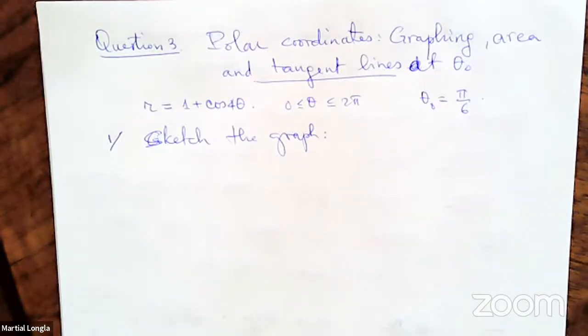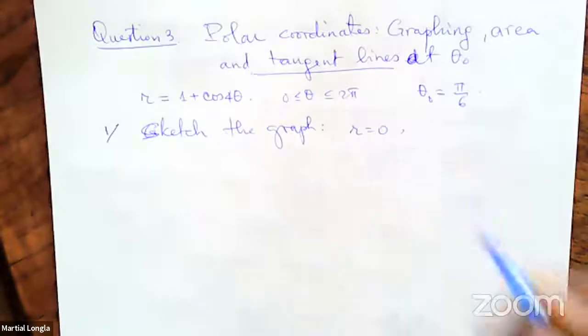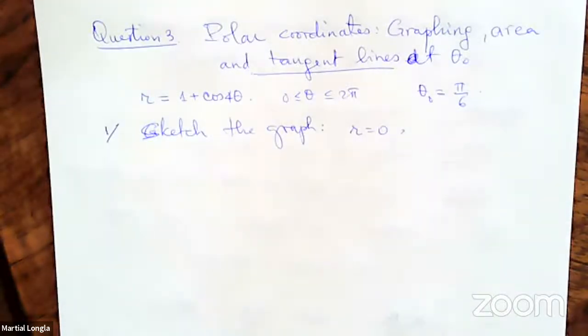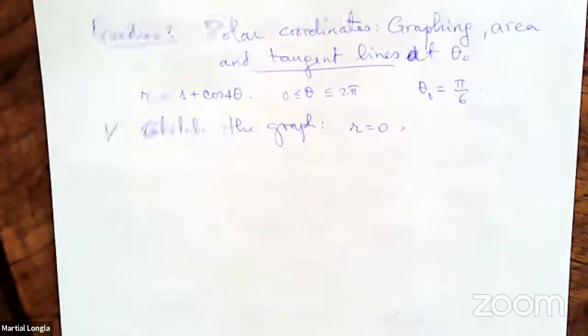Don't you find where r is equal to 0? You find the points. Yeah, and then? Solve for f of theta equal to 0. Yeah, that's the first one. What's the other step?